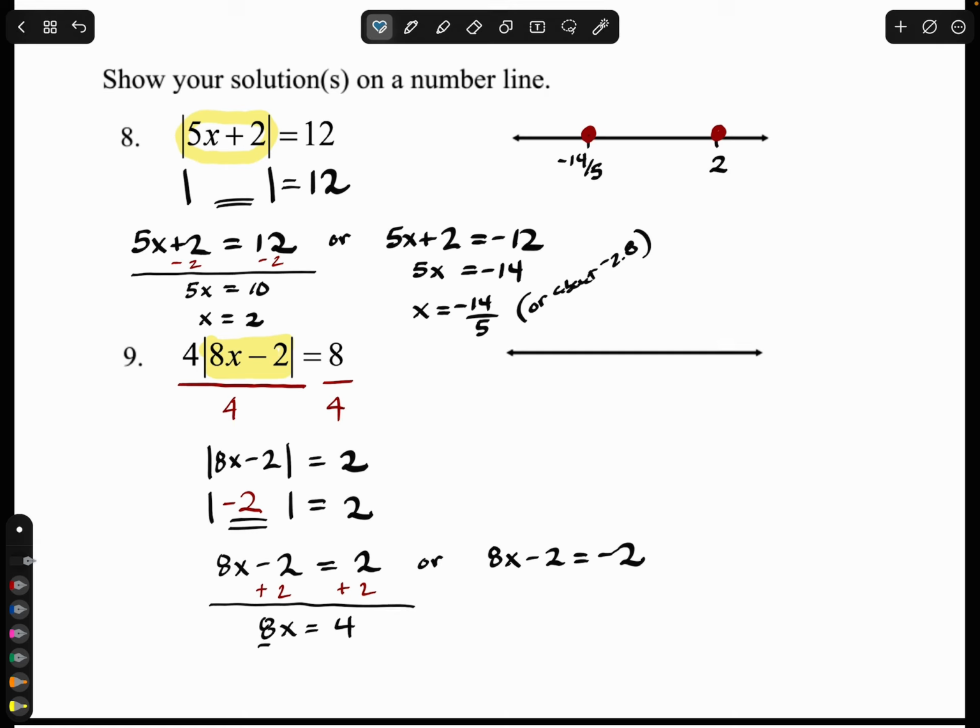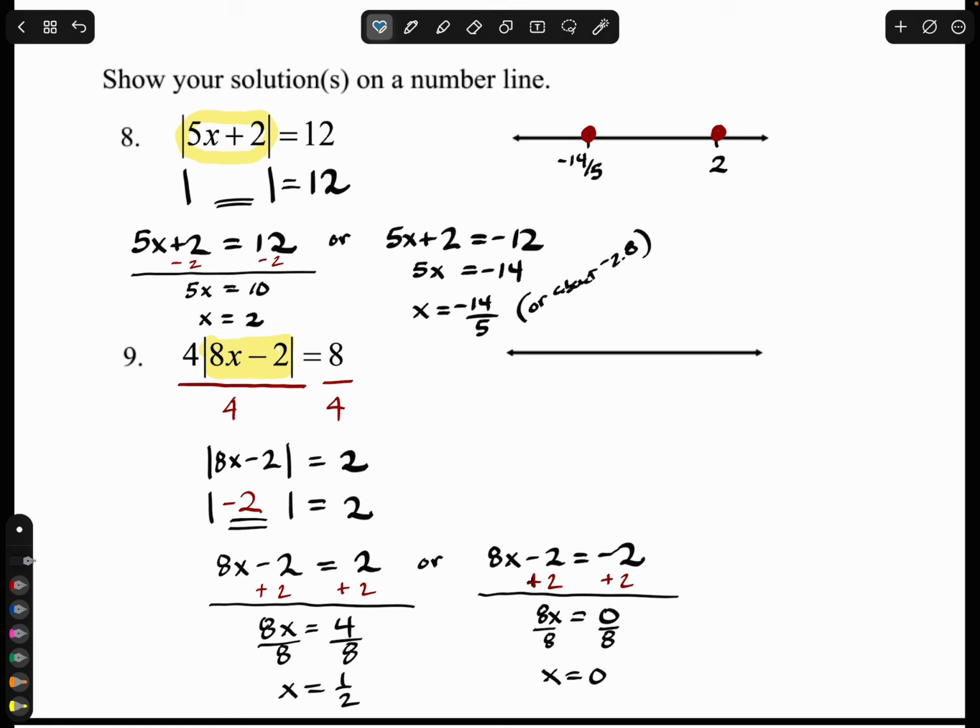So we get 8x is equal to 4. Divide each side by 8. We get x is equal to 1/2. On the other side, we'll add the 2 to each side. And we now have 8x is equal to 0.